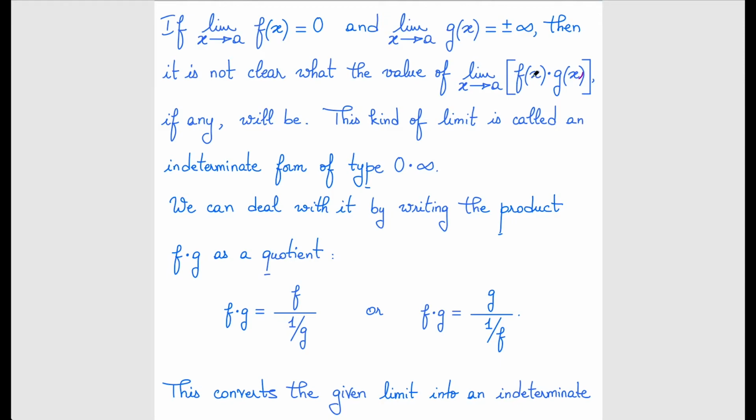So there is a fight between f and g. If f wins, the limit becomes 0, and if g wins, the limit becomes infinity. And there might be a compromise between the two functions, and then this limit is going to settle at a certain finite number, other than 0. Okay. All right. So how do we deal with this situation?